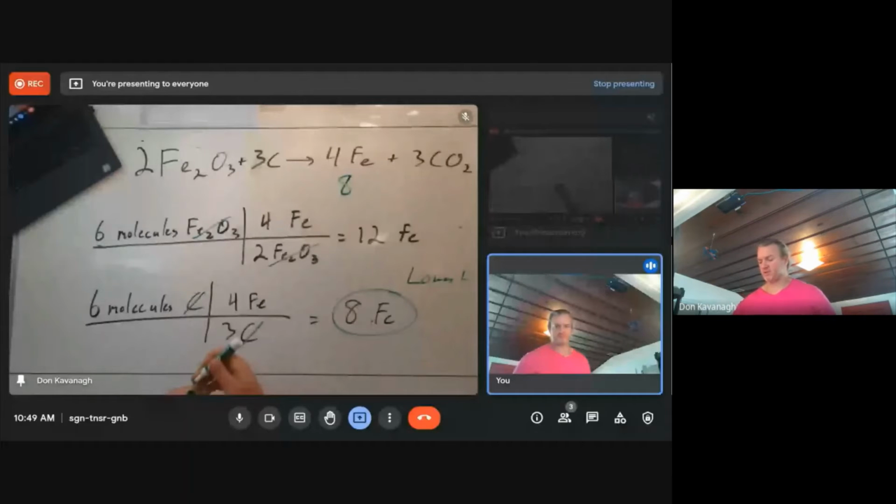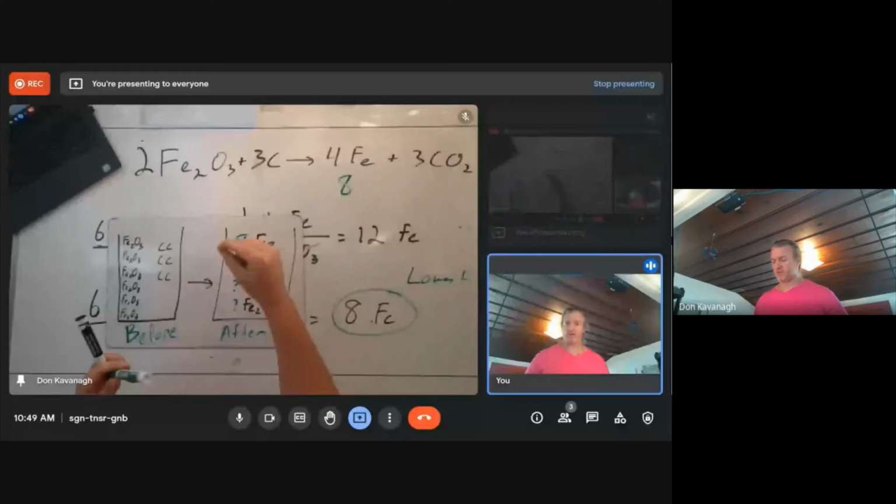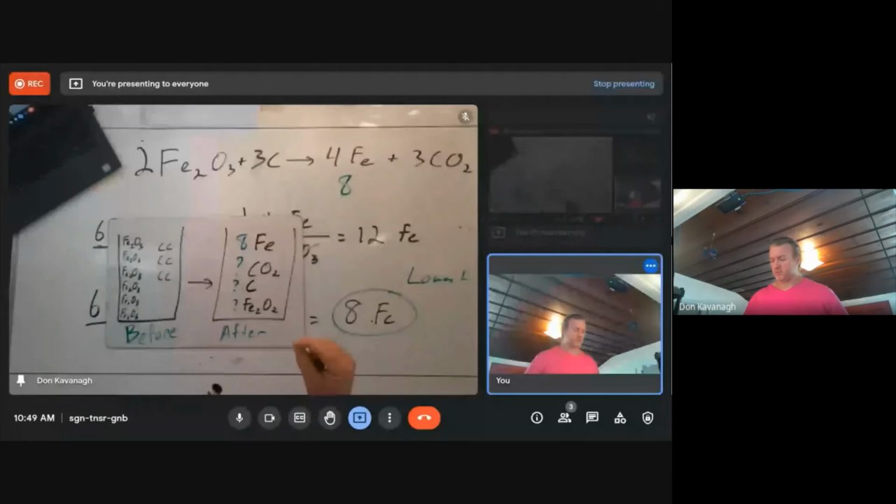So going back to our cartoon, there will be 8 iron atoms. In your imagination, 8 little spheres of Fe bouncing around. Now, Fe2O3, so conservation of matter.